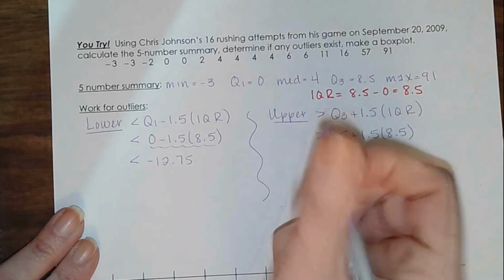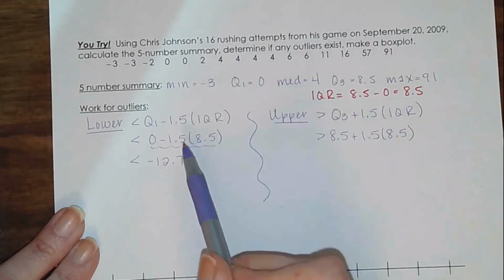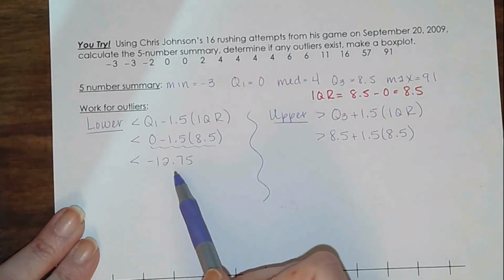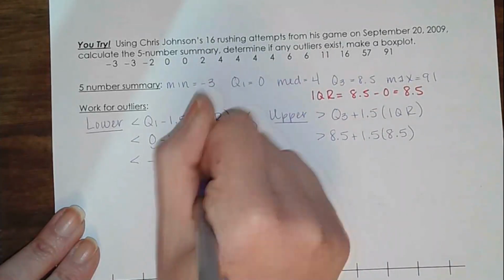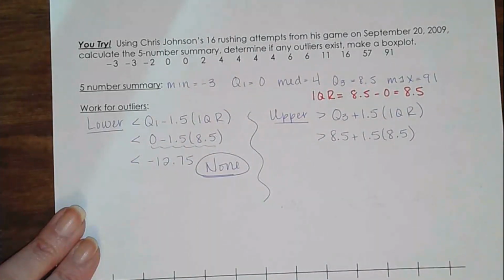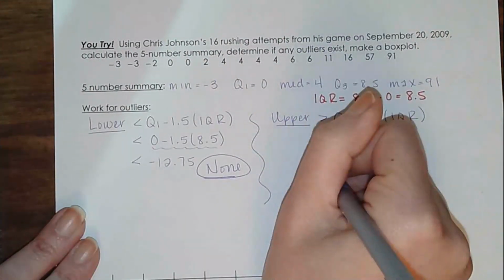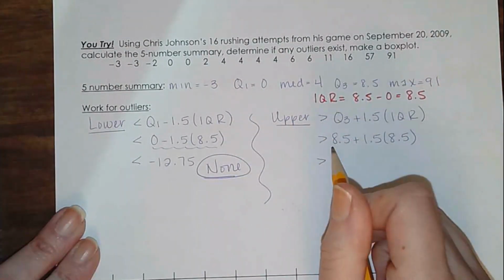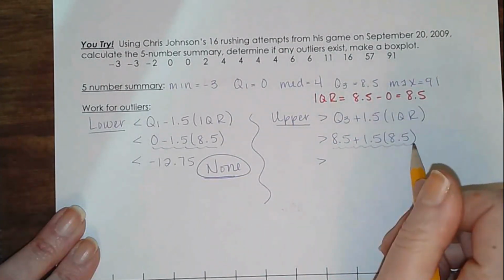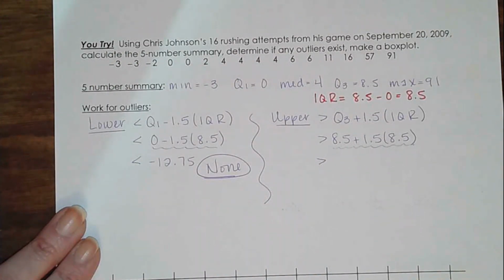Our minimum was -3. Do we have any numbers less than -12.75? No, so no outliers in the lower direction. None. Outliers in the upper direction would need to be greater than what number? What number do you get when you plug in 8.5 plus 1.5 times 8.5?